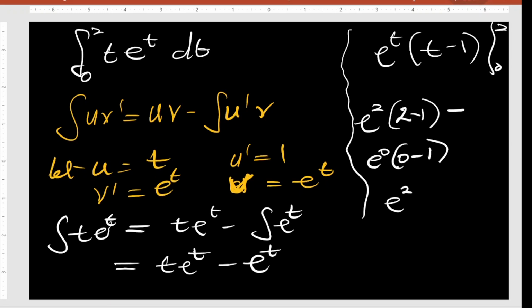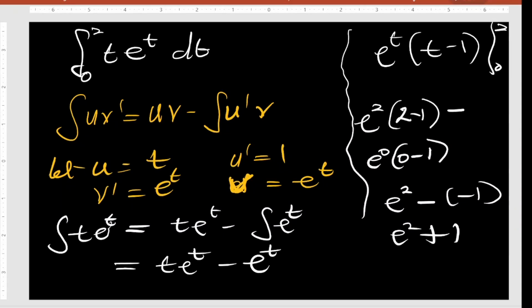Then here we are going to have minus negative 1. Here e exponent 0 is 1, so we just have 0 minus 1 in the bracket, which will yield negative 1. And we are already subtracting, so it's minus minus. So our final answer will be e squared plus 1.